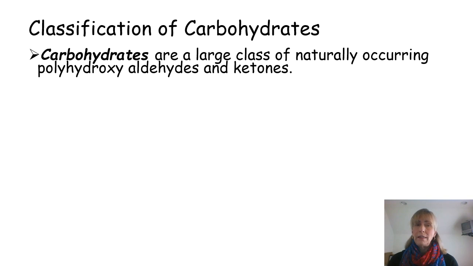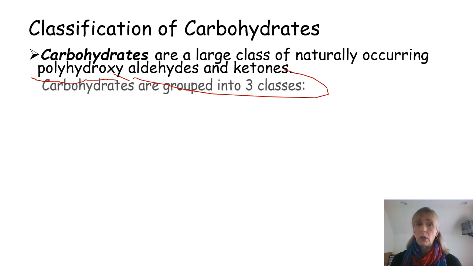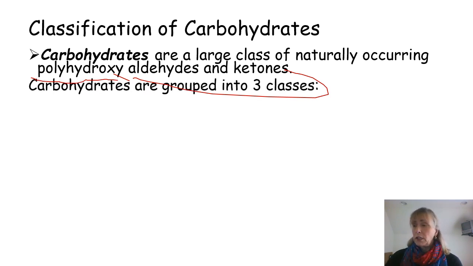Right, so in this chapter, you're seeing why we spent all that time talking about the organic compounds. Okay, so carbohydrates, they're polyhydroxy. We're going to see a lot of OH hydroxyl groups, and we're going to see aldehyde groups and ketone groups also. Carbohydrates are grouped into three classes.